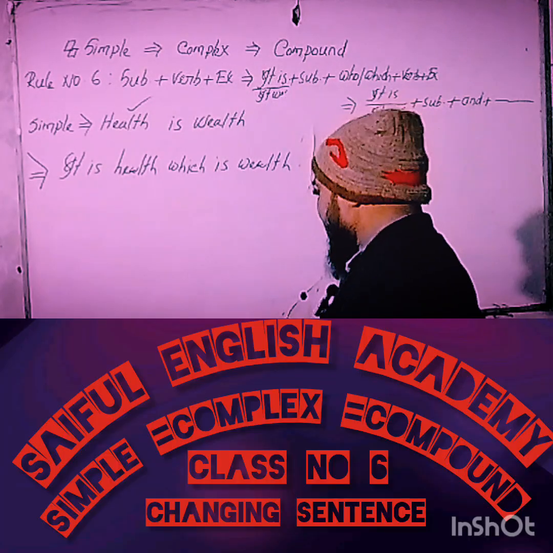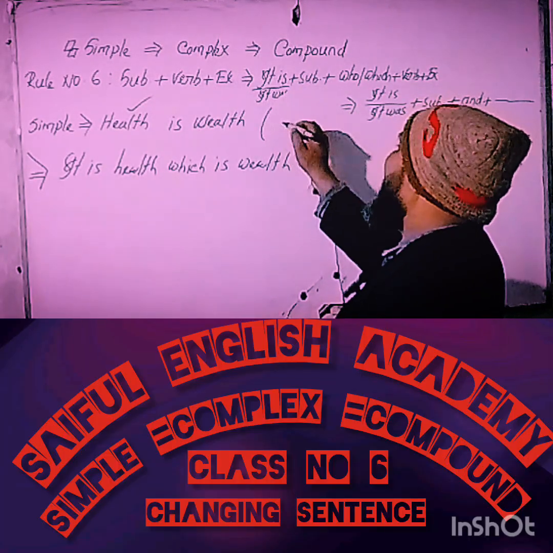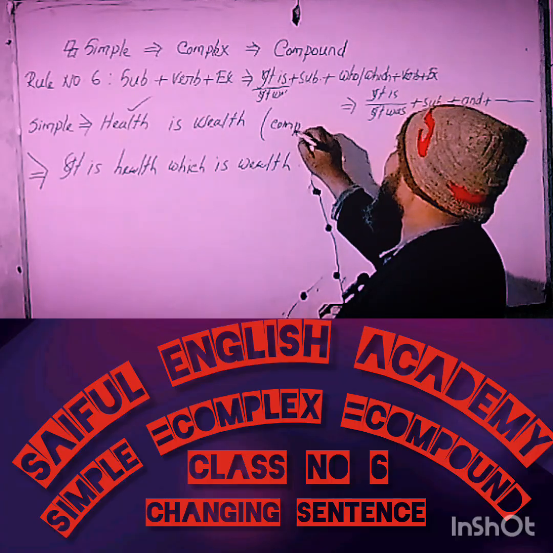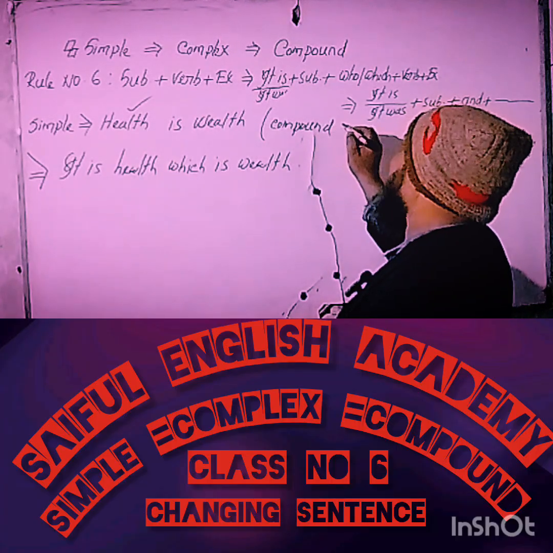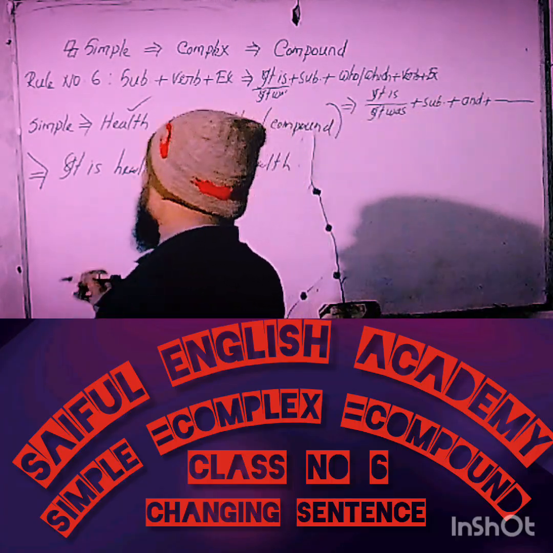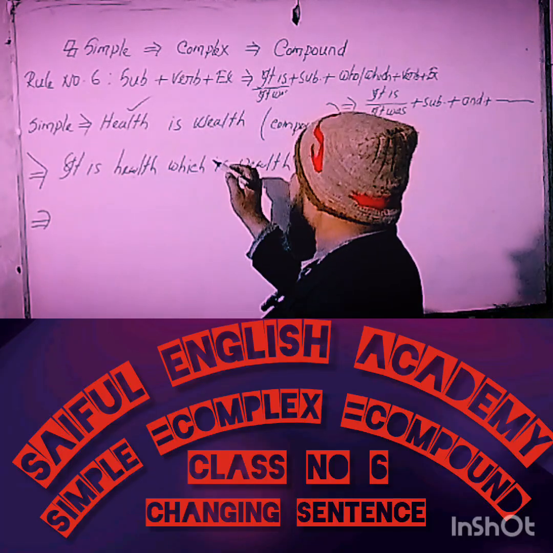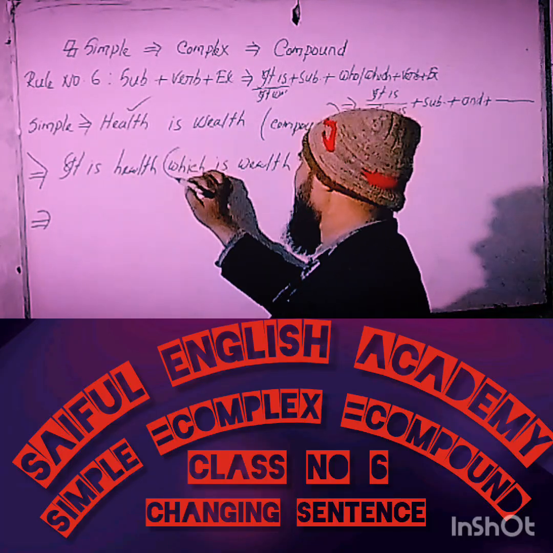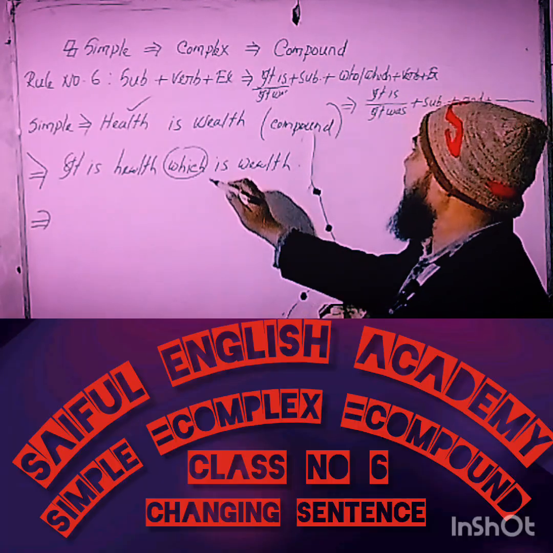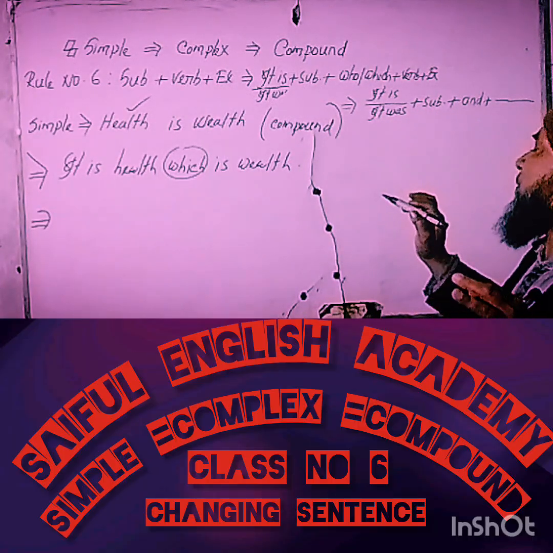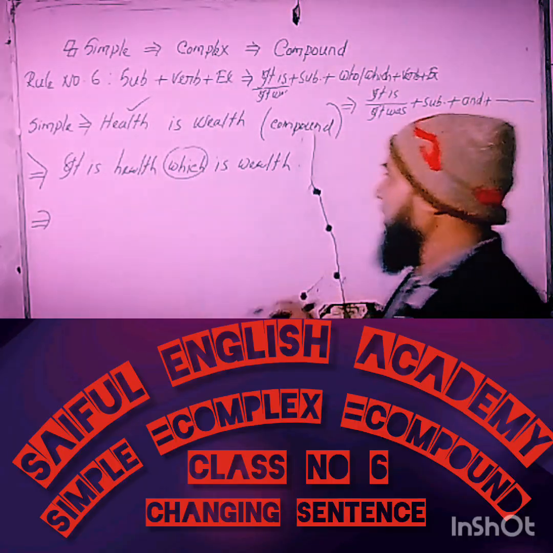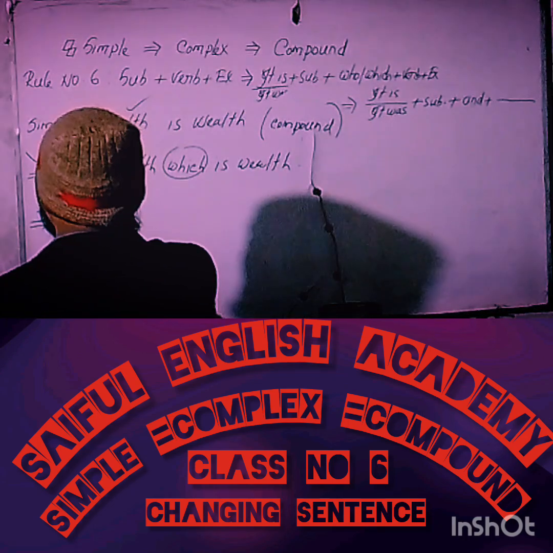Suppose you are told to change the statement into a compound sentence. In this case, what strategy should you follow, my dear learners? You will have to mind that, keeping all the words unchanged, you have to use only "and" instead of the relative pronoun who or which. Take a look at the board and try to understand.